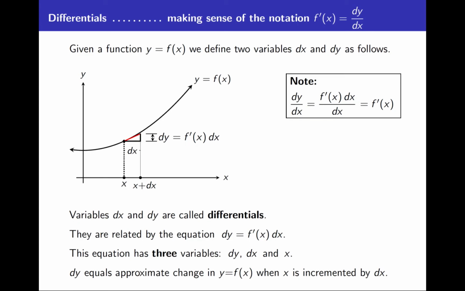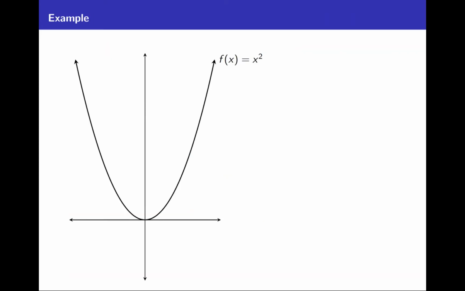There's a lot going on here. We've got a three-variable equation relating dy, dx, and x. Maybe we can clarify this with an example. Let's take, for example, the function f of x equals x squared.